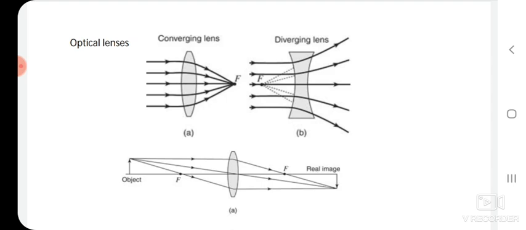Second one, the ray directed through the near F refracts parallel to the optical axis, and third one, the ray directed to the center of the lens is undeviated. So let us discuss one by one.